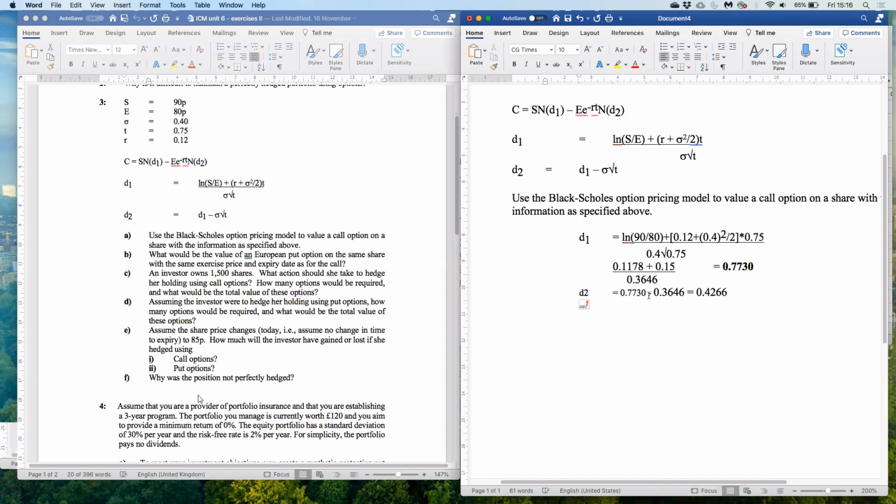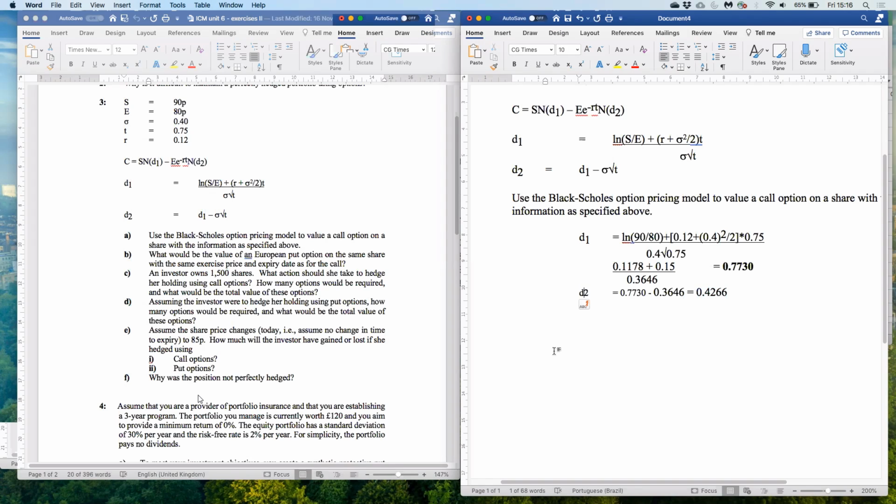We get 0.7730 minus the volatility times the square root of time to expiration, 0.3646. So the value of D2 is 0.4266.